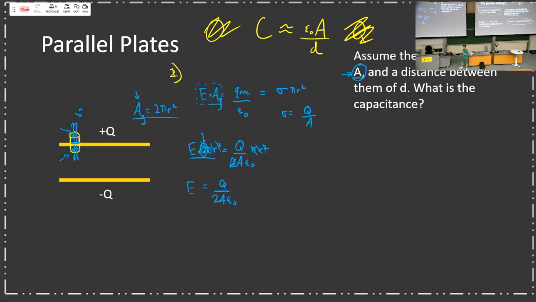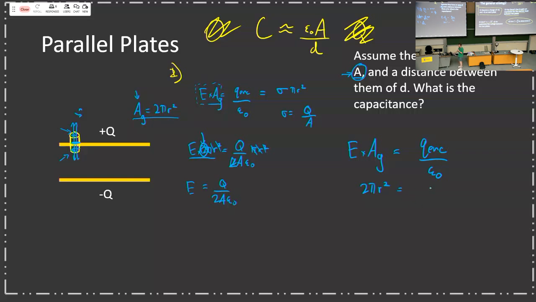All right? So to revise it again, we've got E times the area of the Gaussian surface is equal to the enclosed charge over epsilon naught. The Gaussian surface area is 2 pi r squared.